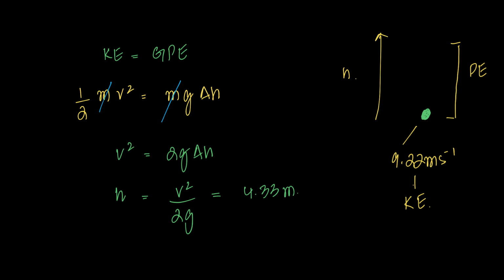And again, we didn't need to know how far below the vase was traveling before the cat sees it. It doesn't really matter because all projectile motion is symmetrical or can be continued. So a vase that was, let's say, shot up at 100 meters per second, and when it slows down to, let's say, 9.22 meters per second, as soon as it reaches 9.22 meters per second, another vase is shot up at the same time.